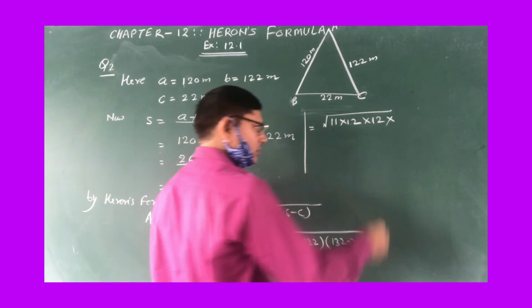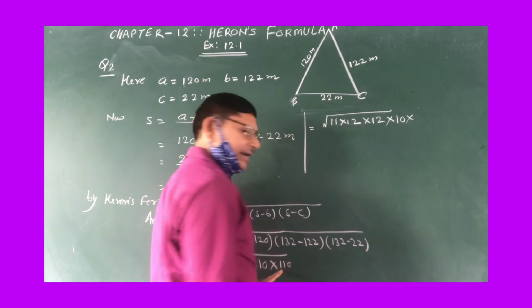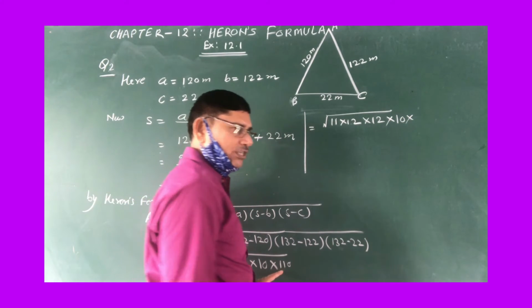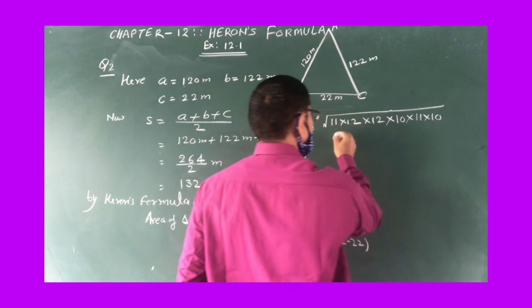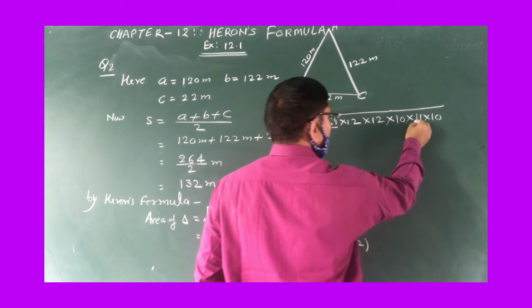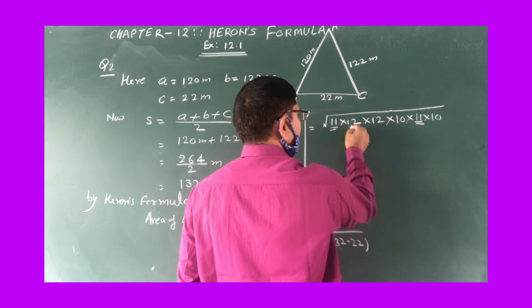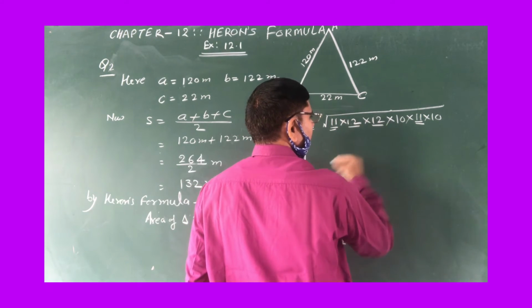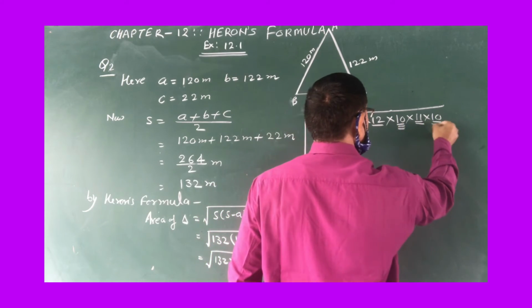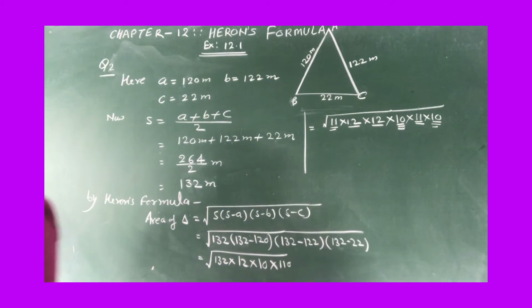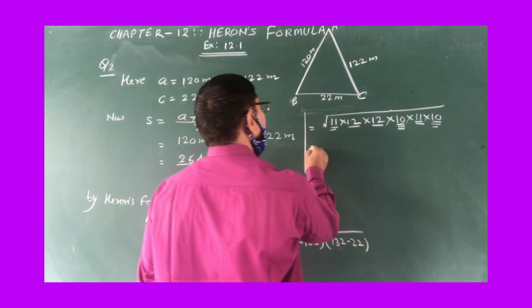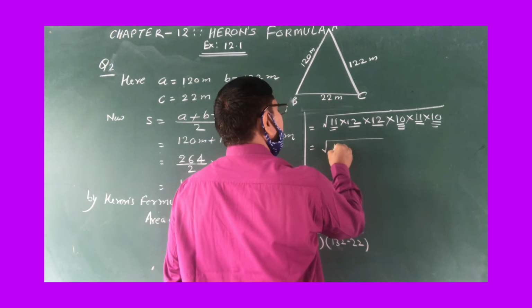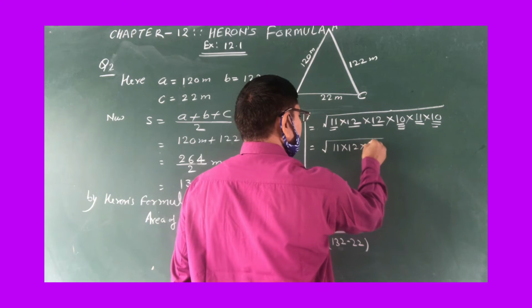This 10 is also same to same, and 110 is written as 11 into 10 because 11 10s are 110. So dear, you can see that this is the first pair of 11 and this is the second pair of 12 and this is the third pair of 10. So you will take only one number out of each pair. इस पेयर में से एक एक नंबर आप ले लीजिए. It is here 11 into 12 into 10.